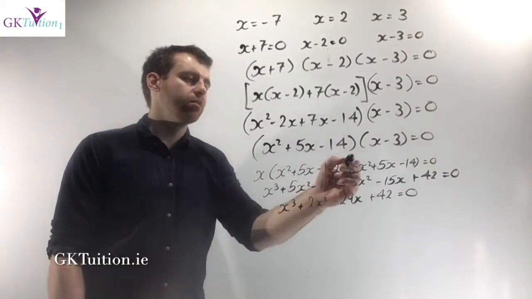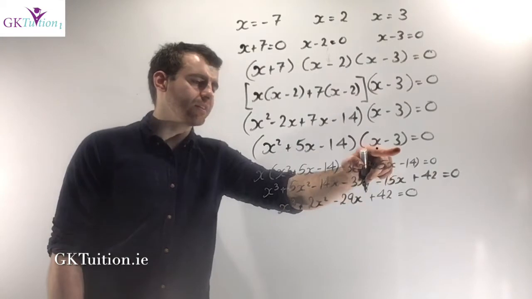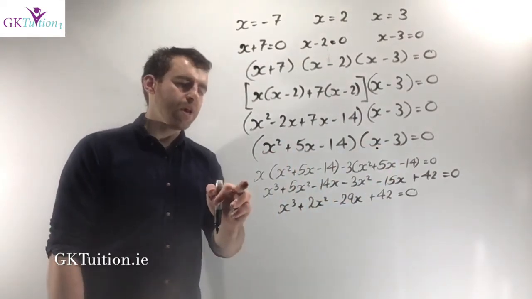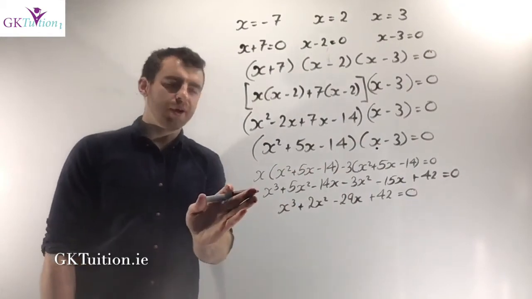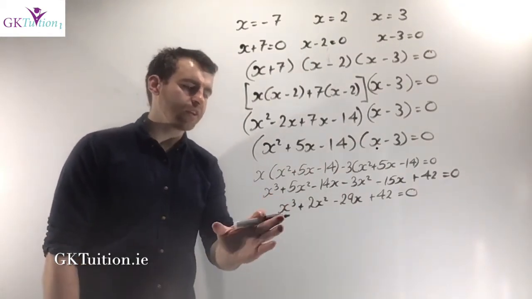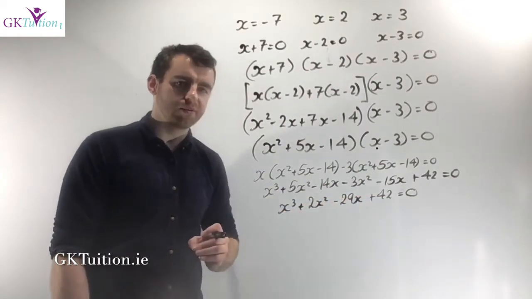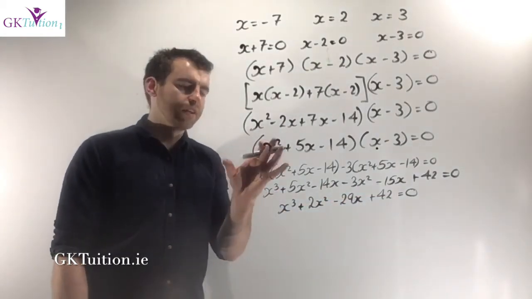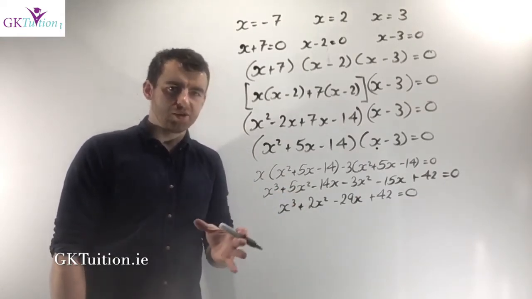What I then decided to do was to take the first thing in the second bracket and multiply it by this, second thing in the second bracket and multiply it by this. X times the quadratic minus 3 times the quadratic. I multiplied it out and grouped all my like terms and got x cubed plus 2x squared minus 29x plus 42 equals 0. But now I need to look at this cubic and compare it to the graph and see, does it match up?